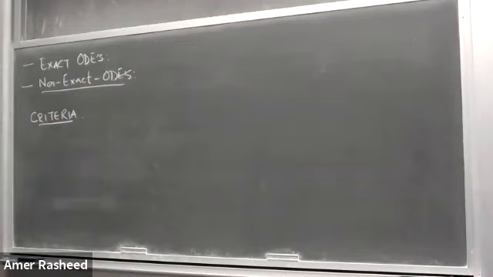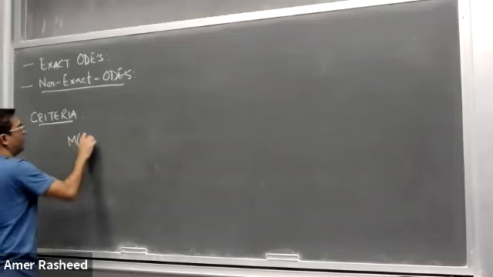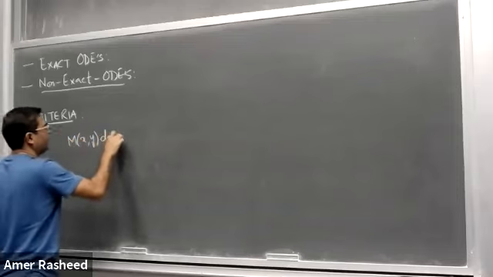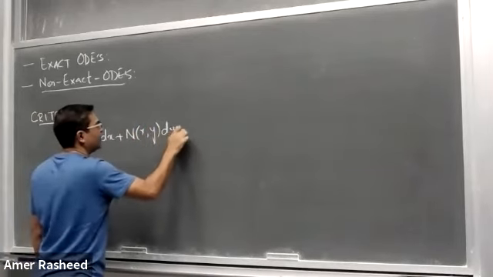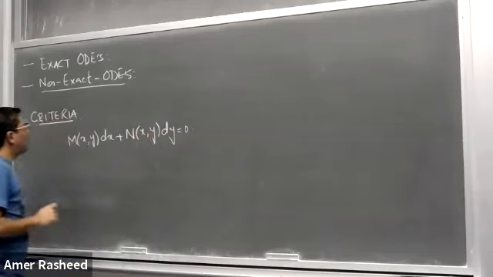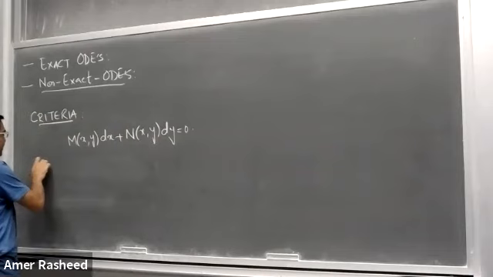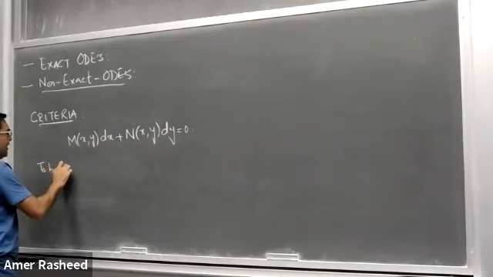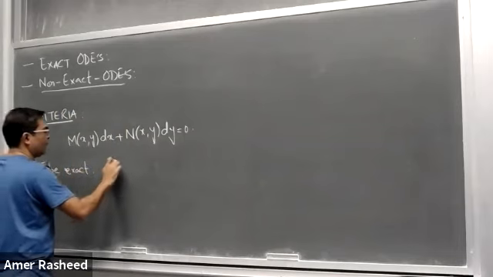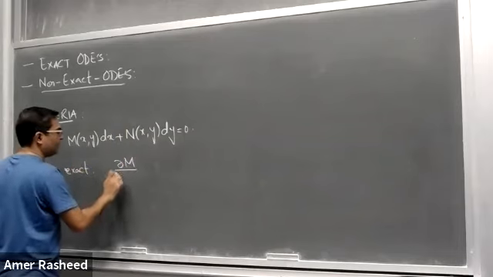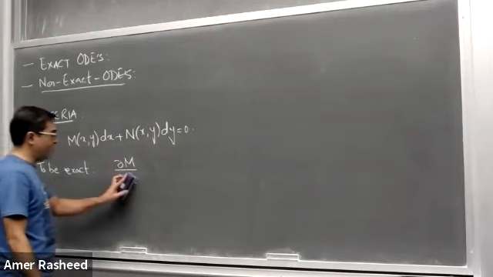To be exact, if the differential equation is of this form, M of x y dx plus N of x y dy is equal to 0, the criteria to be exact was partial M over partial y.